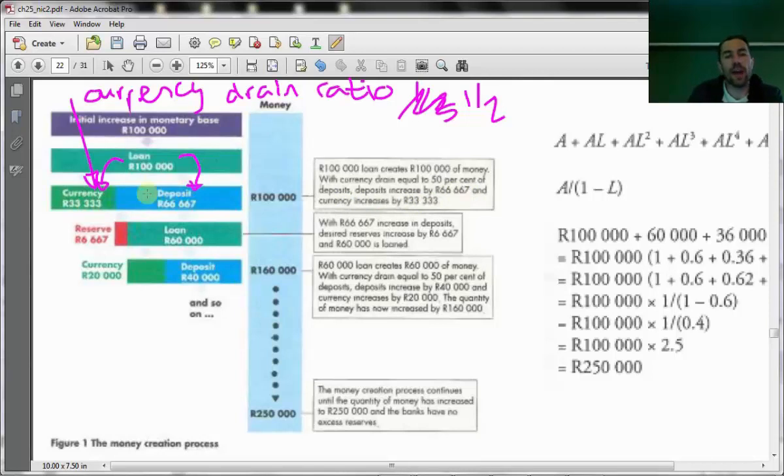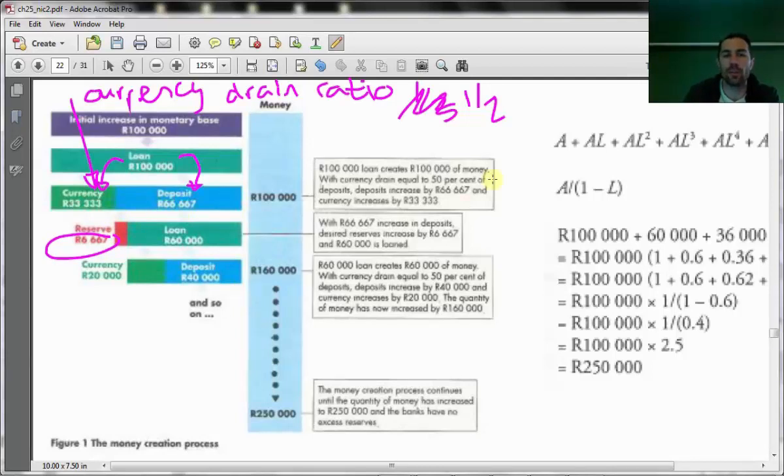But now the banks have had a deposit of 66,667. Of that 66,667, it must keep a reserve of 6,667. In other words, our reserve ratio here is going to be 10%.